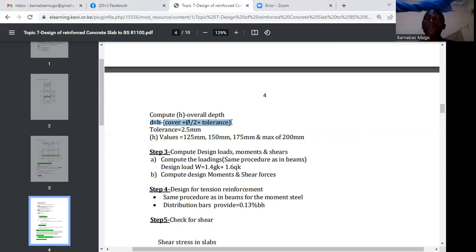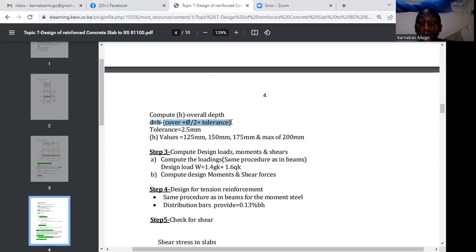Then we need to be able to design for the moment and the shear forces. This is done exactly the same way we did with the beam in case of a one-way span. Then from there, you need to go to step number 4, whereby we design for the tension reinforcement.